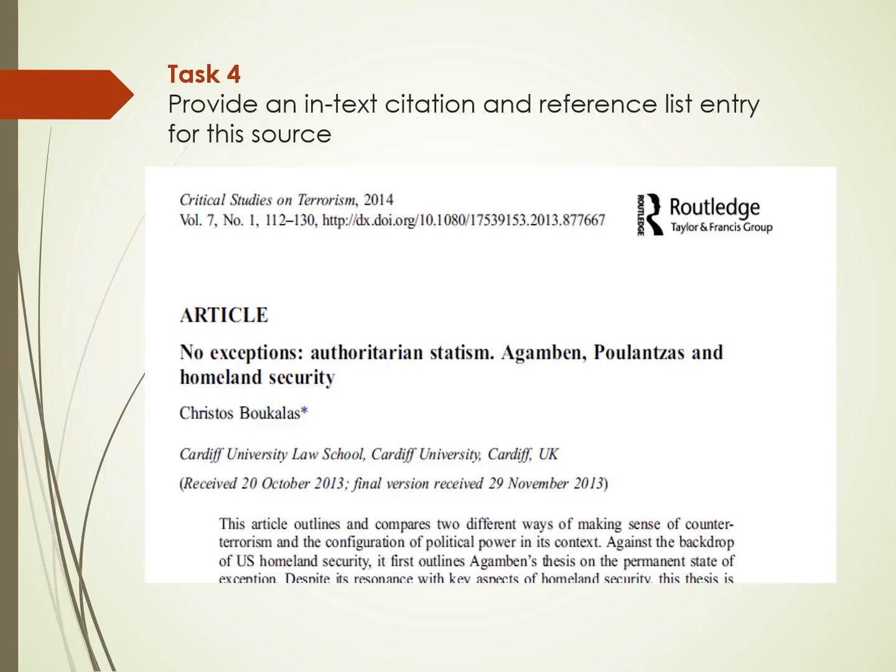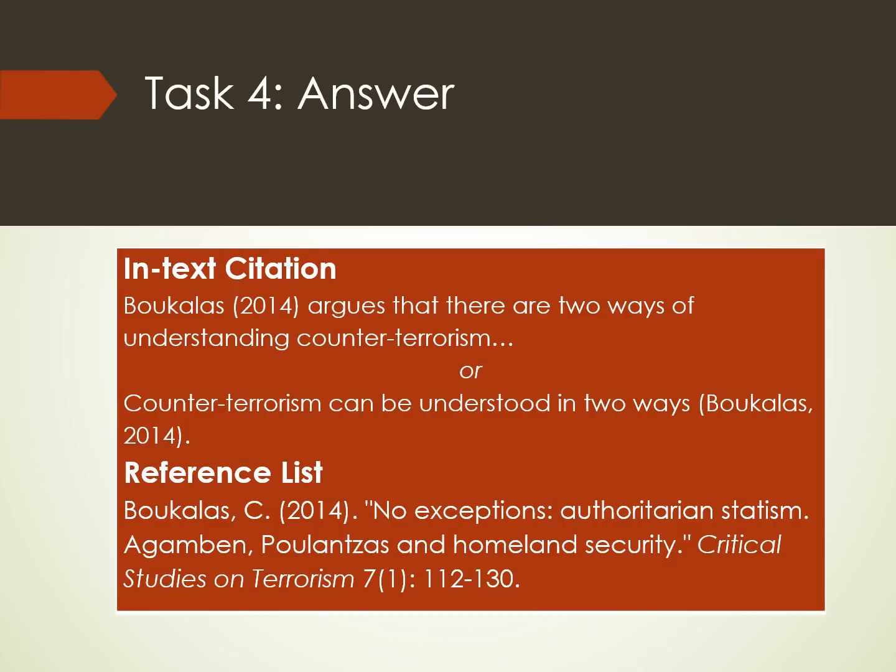So again, refer to the UCD Library website for the Harvard Referencing Style Guide and complete the task of writing an in-text citation and a reference list entry. So here again, we have an example of the 2 different forms of in-text citations that are available to you, and also the full bibliographic information that should be in your reference list.